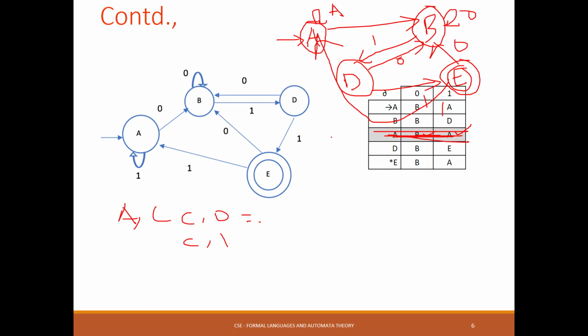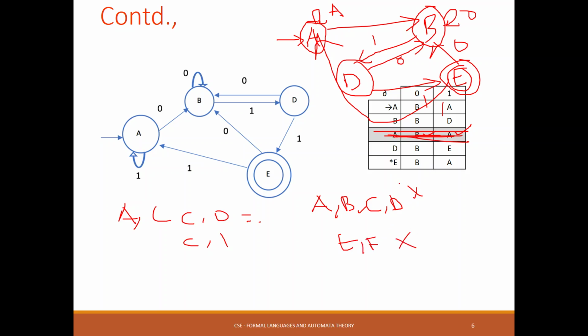The only thing we need to understand is that whenever we are minimizing, the first condition is we should check whether the given diagram is a DFA. The second condition is, consider we have a problem with A, B, C, D which are non-final, and E and F which are final.